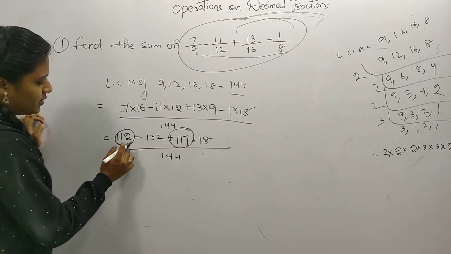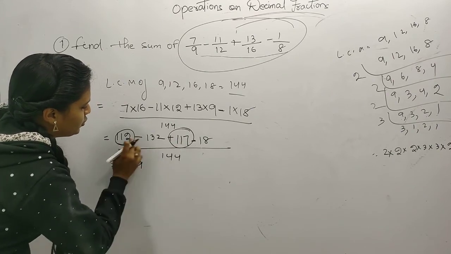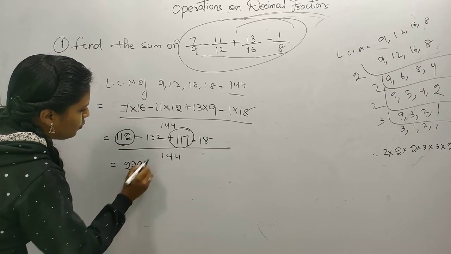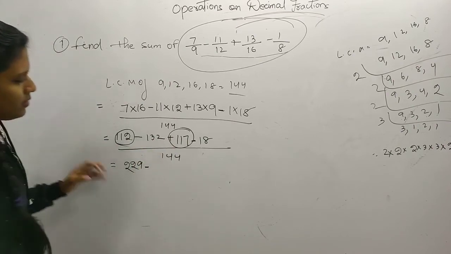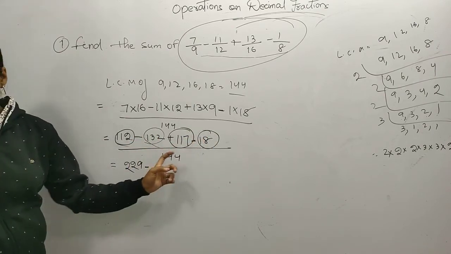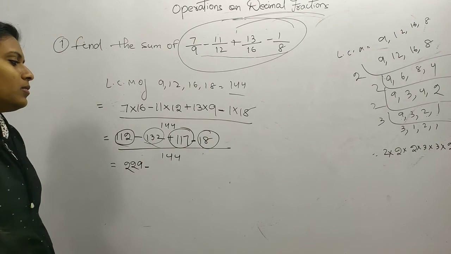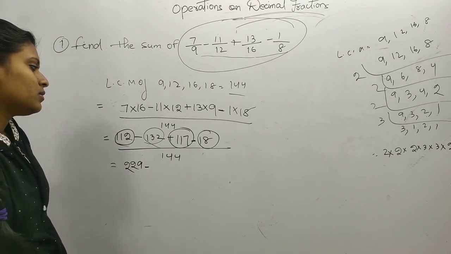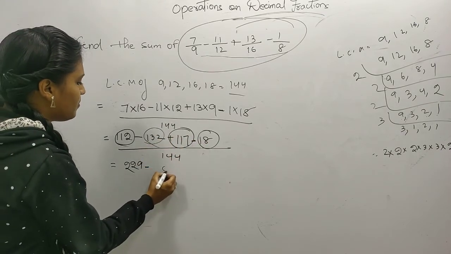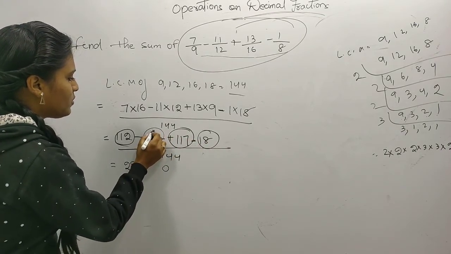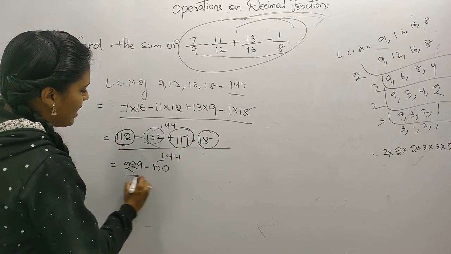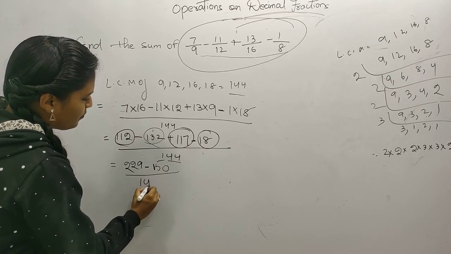How much will you get? 7 plus 2 is 9, 1 plus 1 is 2, 1 plus 1 is 2, so 229. Minus 132, and last, minus 18. 132 plus 18, how much? 8 plus 2 is 10, carry 1. 3 plus 1 is 4, plus 1 is 5. So 150. Over 144.